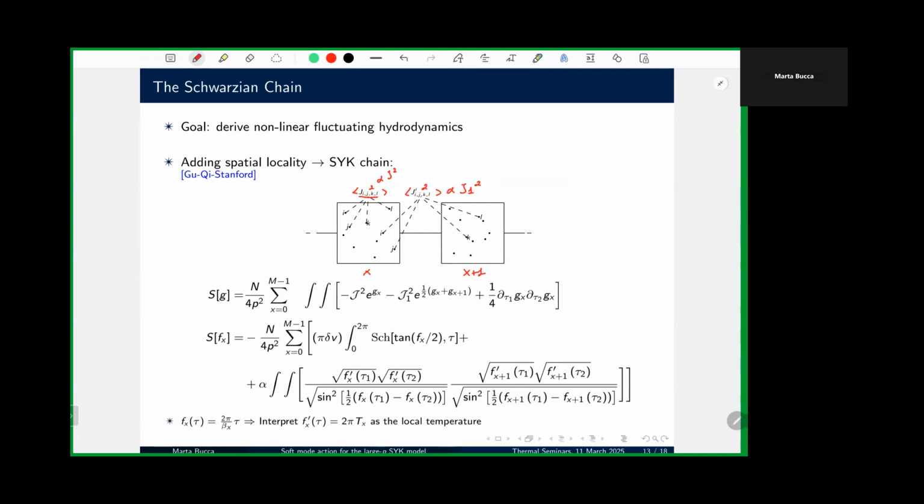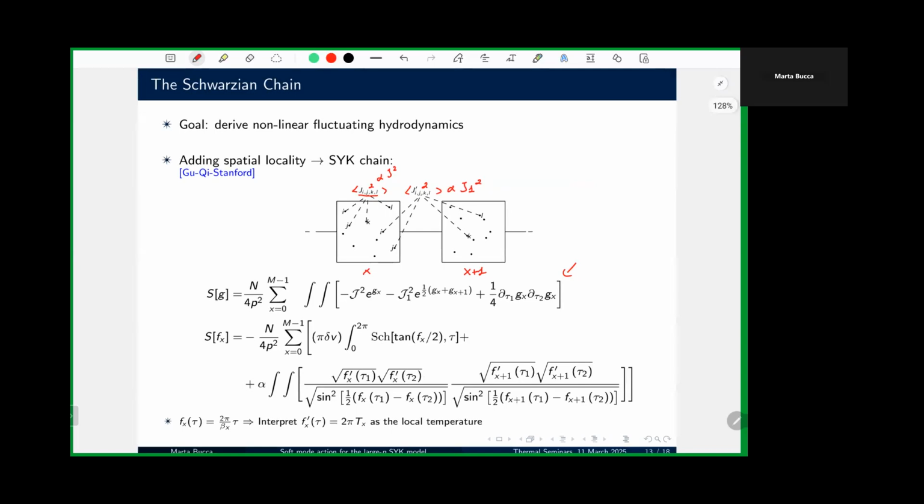So in the large p limit, the action for your chain looks like this. So we still have our Liouville, light cone coordinate Liouville action.